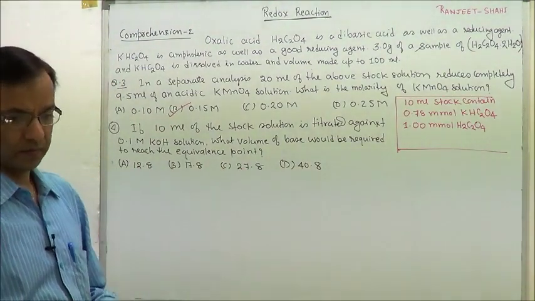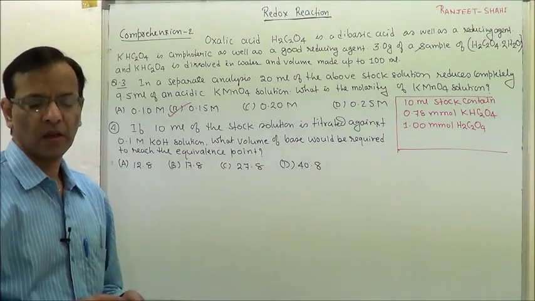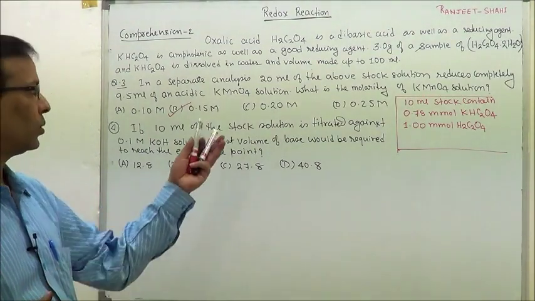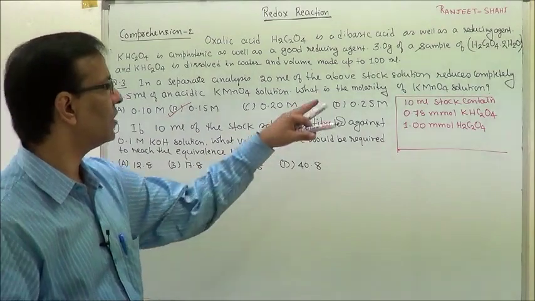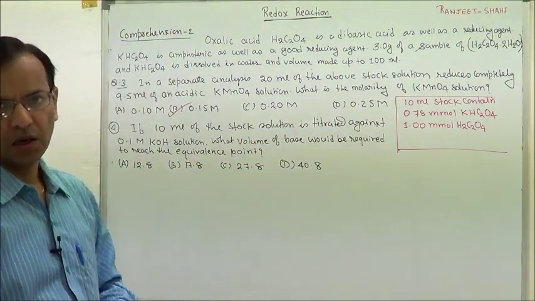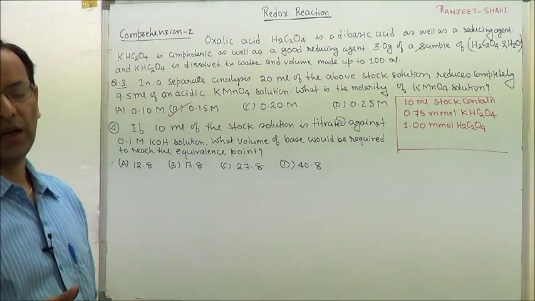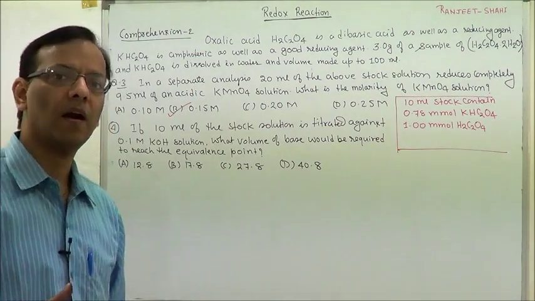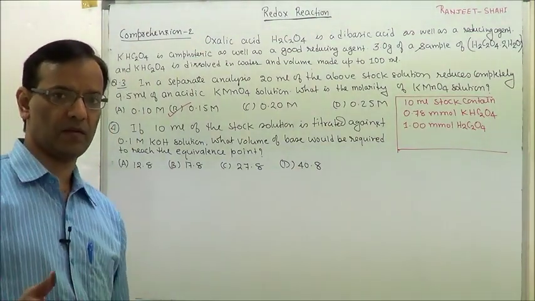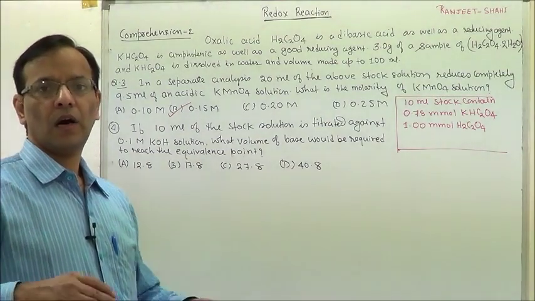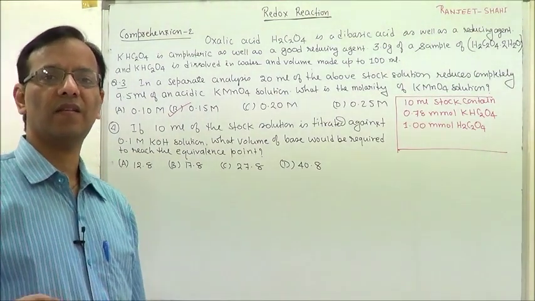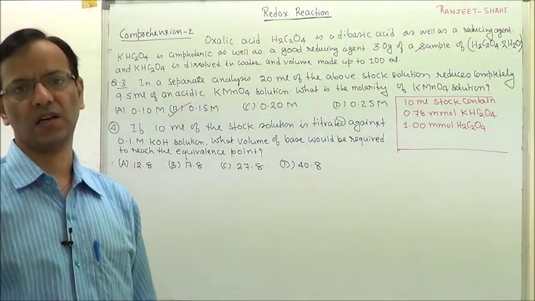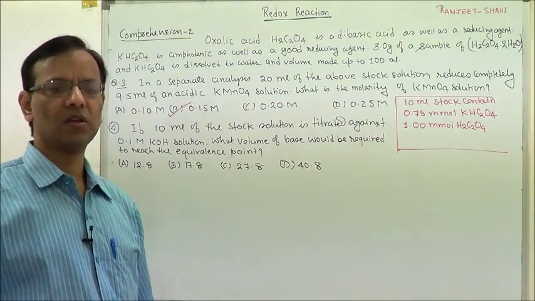Let us see what this question is. This time, a given volume of the same stock solution, which we prepared initially as 100 ml, 10 ml of the stock solution is now being titrated against potassium hydroxide, which is a monoacidic base. Now, potassium hydroxide will neutralize oxalic acid to potassium oxalate and potassium hydrogen oxalate also to potassium oxalate.